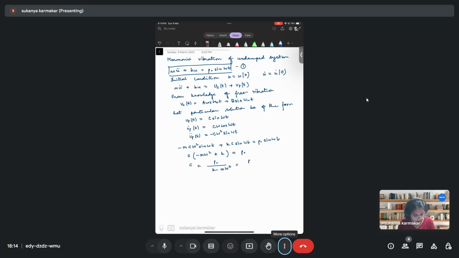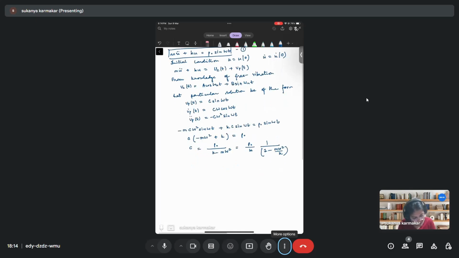Let's take k common from here. So you are left with 1 minus m omega square by k, and then you can write P naught by k times 1 over 1 minus omega square m by k. What is omega n? Omega n is the square root of k by m, so omega n square is equal to k by m, and let's use this fact in this equation.